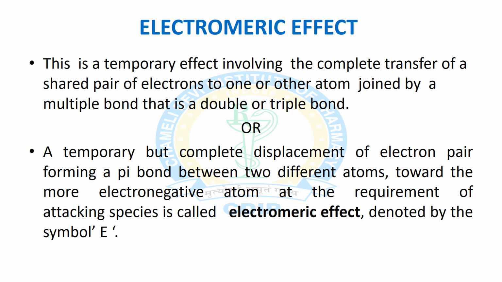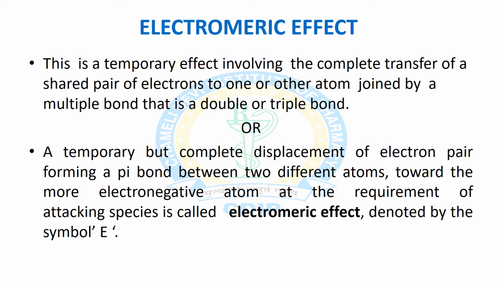But the electromeric effect is a temporary effect, and it involves the complete transfer of a shared pair of electrons to one or the other atom joined by the multiple bond, that is a double bond or a triple bond. It is a temporary but complete displacement of the electron pair forming a pi bond between two different atoms towards the more electronegative atom, at the requirement of an attacking species, and it is denoted by E.